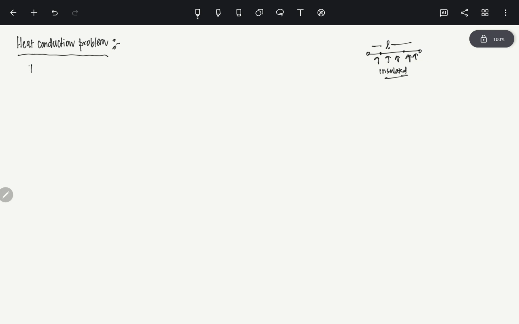Then the temperature distribution of the rod is given by this equation. Let me write it down: u_t equals a constant k times u_xx. This is one dimensional, since we are assuming it is thin enough.